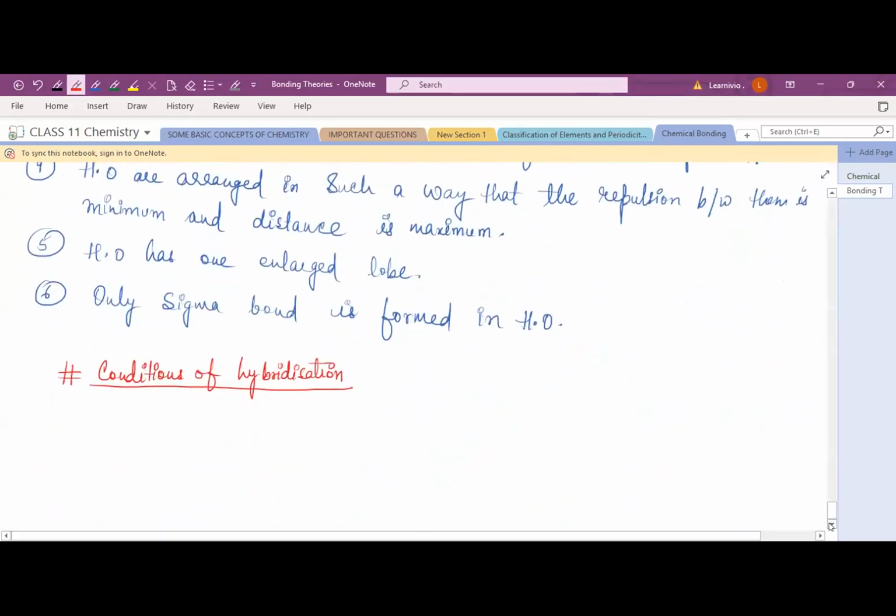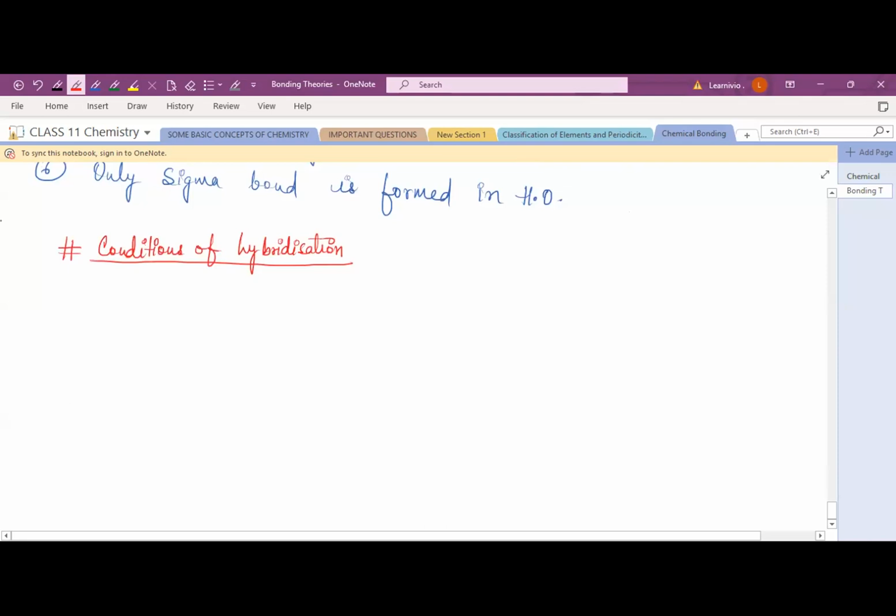Okay, so the conditions of hybridization. In which conditions does the hybridization take place? So the first condition is only valence shell orbitals of the central atom. We will talk about the central atom only in hybridization, not the surrounding atoms. That's why we only talk about the hybridization of the central atom, not all the atoms.